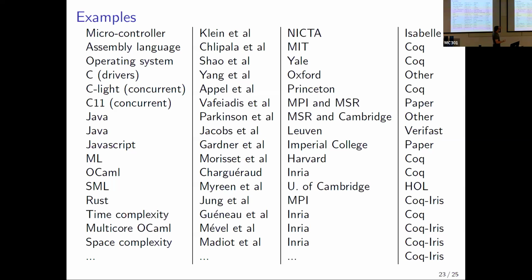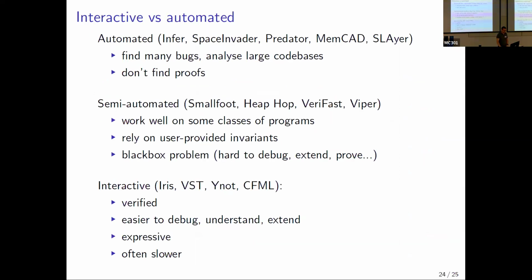This is a slide that is a bit outdated. I added some new things at the end, but it's just to say that there are many instances of separation logics. The picture should be much larger than this. There are papers that have a graph of dependency between all of those, but it's big.